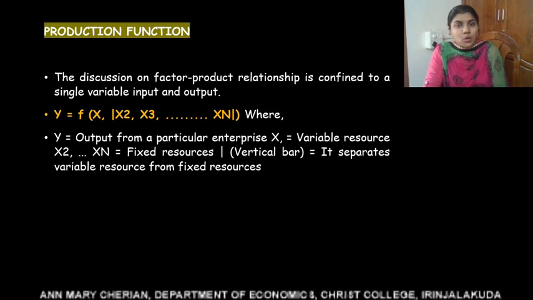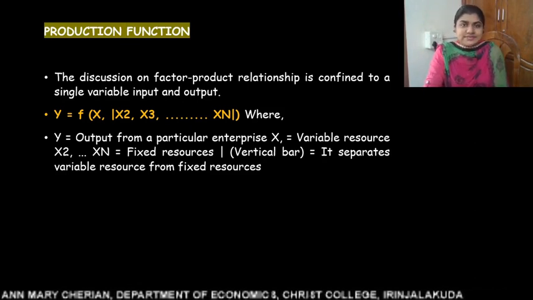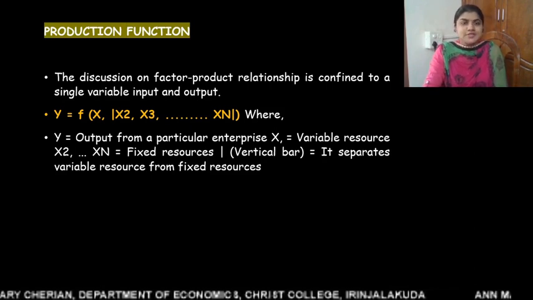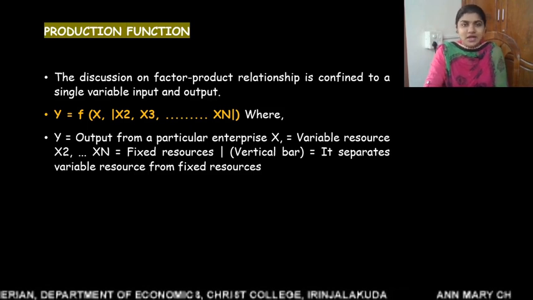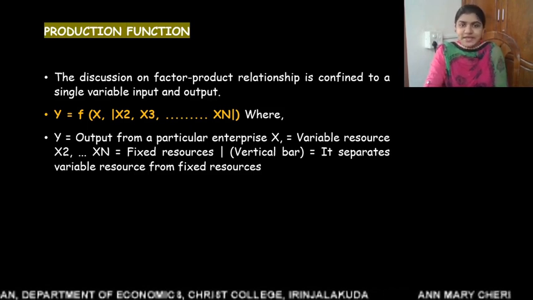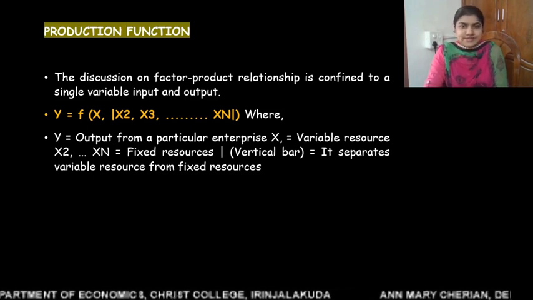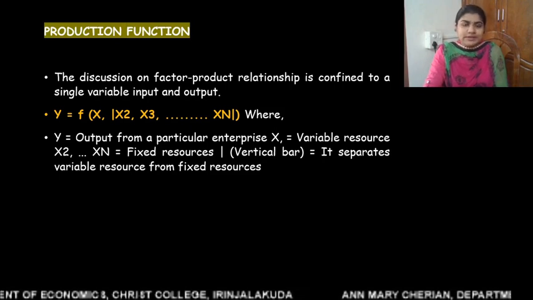Here x is the only variable input, and x2, x3, etc., xn are fixed inputs or fixed resources. So Y is a function of x, x2, x3, etc., xn. This is a basic production function, and this production function represents factor product relationship or input output relationship.